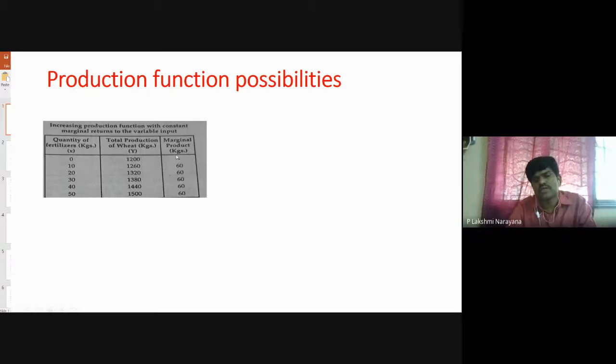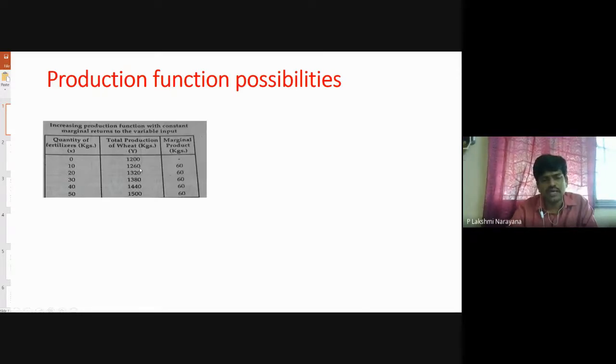Then what is marginal product? Marginal product is nothing but how much increase. This is the first case, so we cannot calculate it. That's why it is shown as a dash. In the second case, the quantity of fertilizer used is 10 kg. Then the wheat production increases to 1260 kg per hectare.